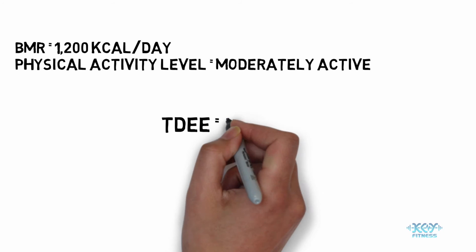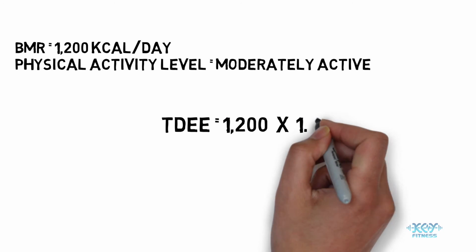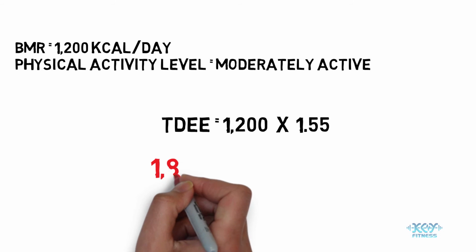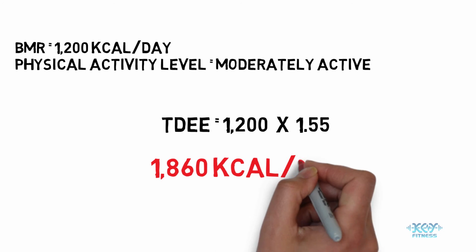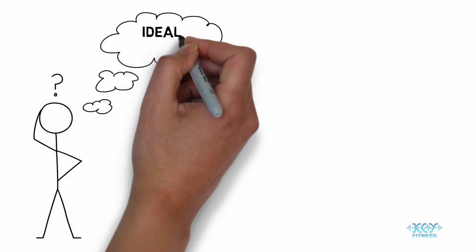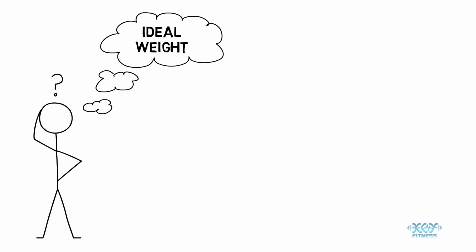So, your TDEE will be 1200 times 1.55, which is 1860 kilocalorie. So, how many calories should we burn to reach the ideal weight?